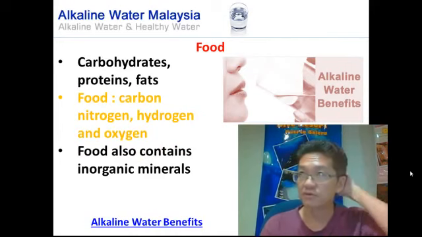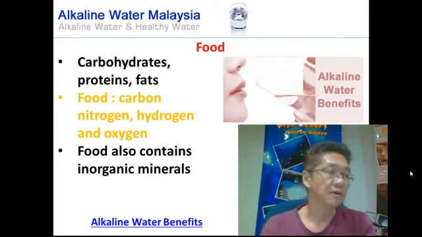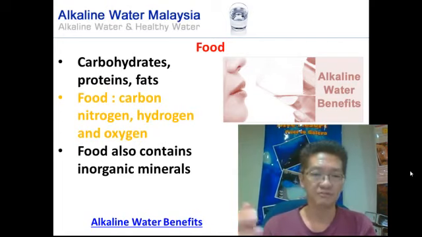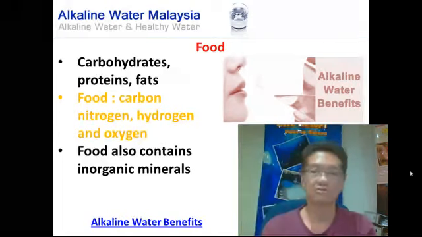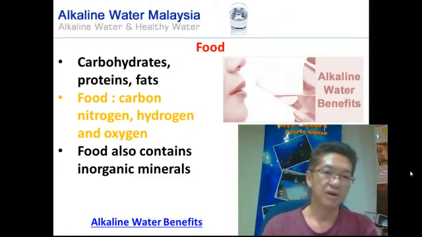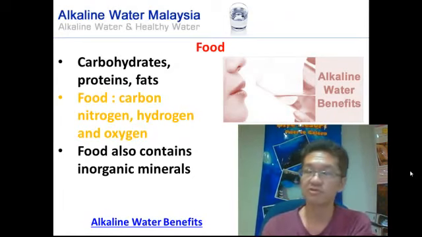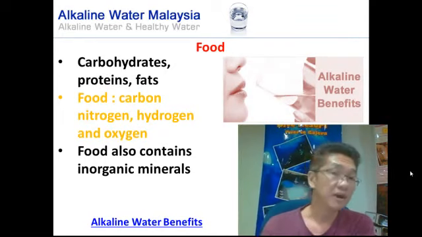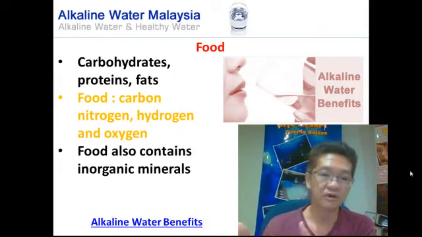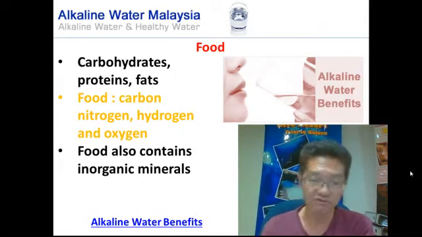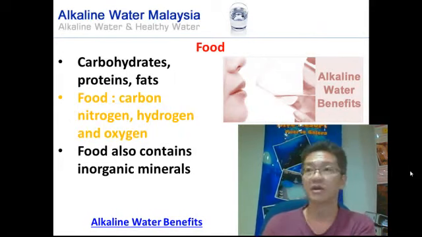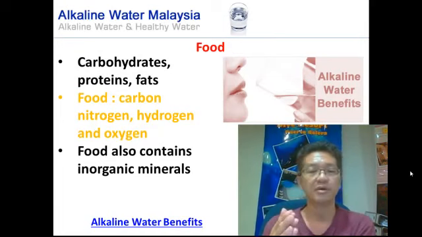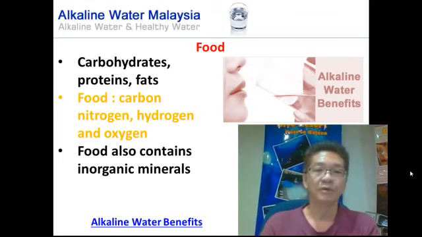Now, first of all, before we talk about waste, we need to look at our food, okay? Most of us know that food is made up of carbohydrates, proteins, and fats, okay? And these are basically made up of four chemical elements: carbon, nitrogen, hydrogen, and oxygen. But of course, foodstuff also contains inorganic minerals, sometimes called micronutrients, okay?